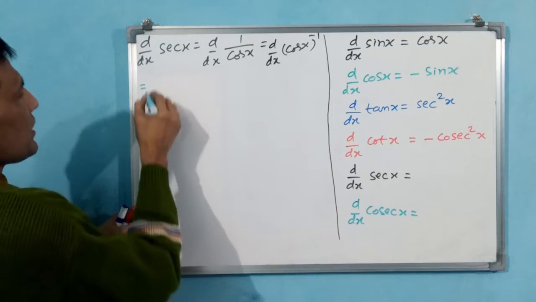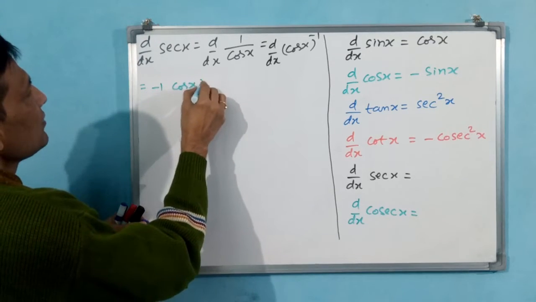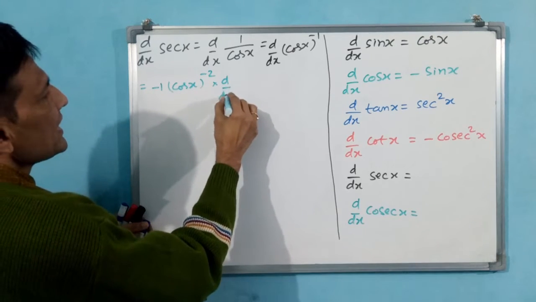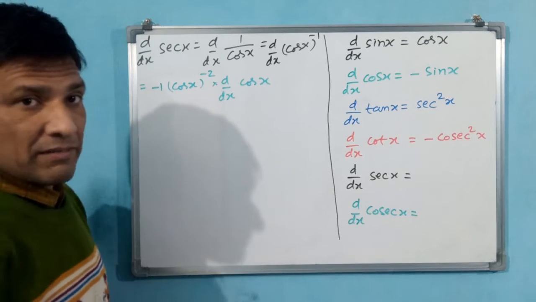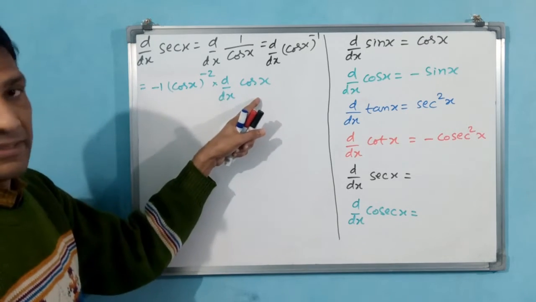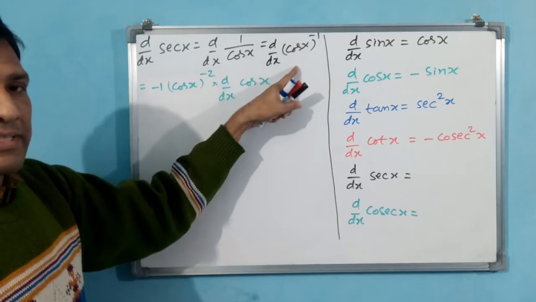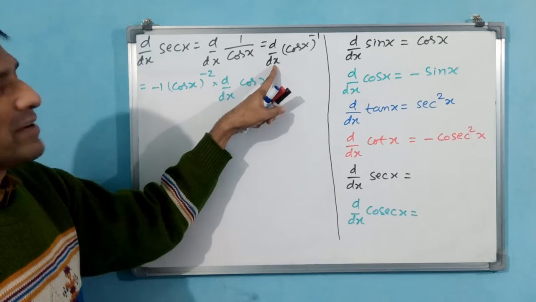Now you expand this like minus 1 cos x to the power of minus 2 into d by dx cos x. Is it okay? Definitely okay. Why? Because you have not touched the x. That is why again we are going to derive. You are taking entire cos x as x, but you want to do differentiation of x.